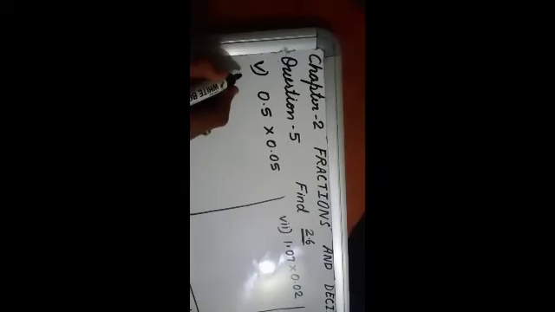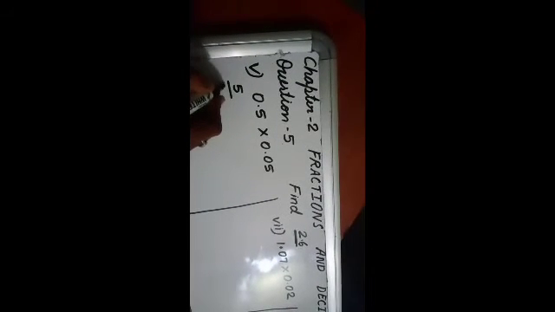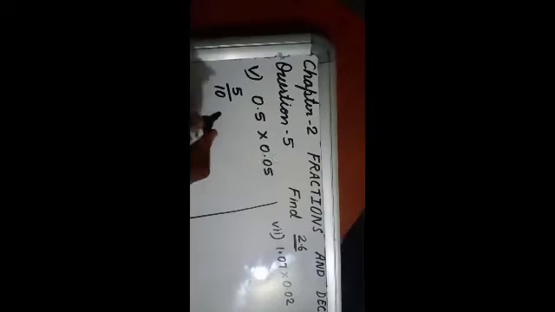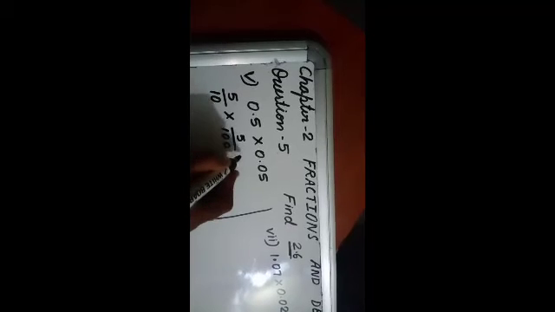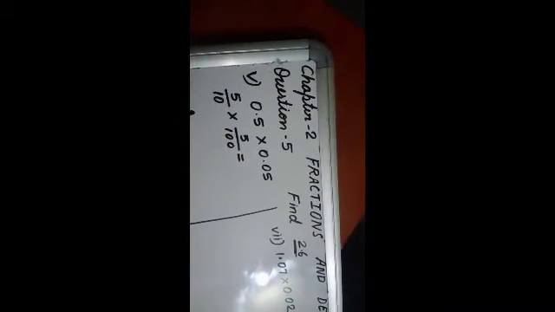As we know, 0.5 can be written in the form of a fraction, that is 5 upon 10. Here 5 is in the 100th place, so I am writing 5 upon 100. Now both we have got in the form of fraction. 5 fives are the product of numerators over the product of denominators.